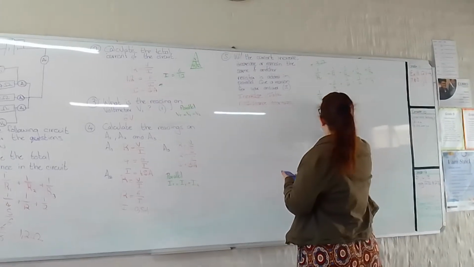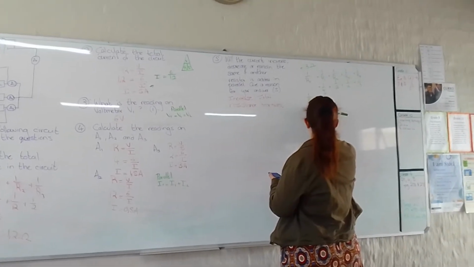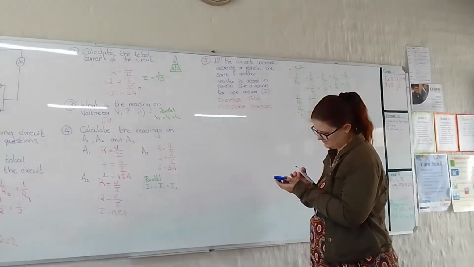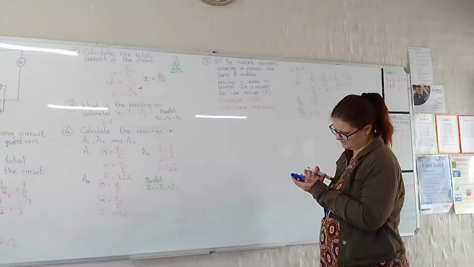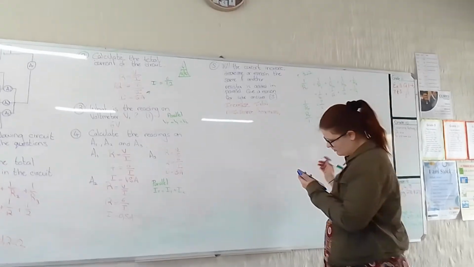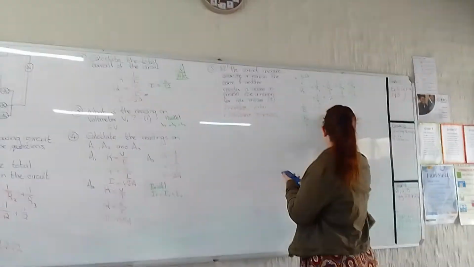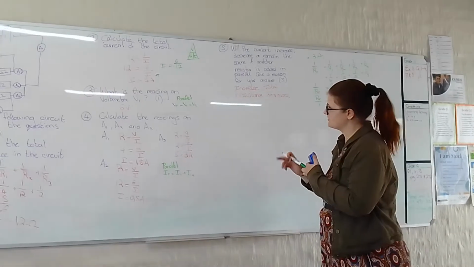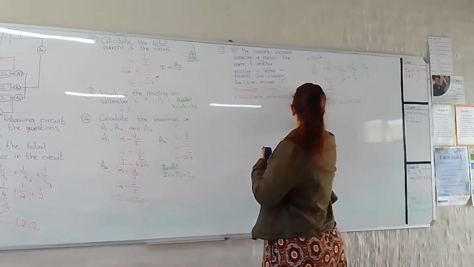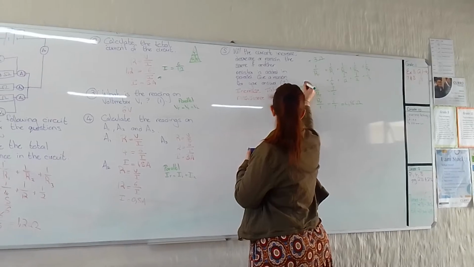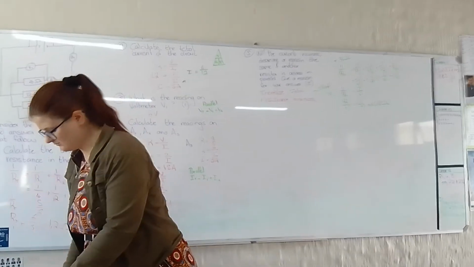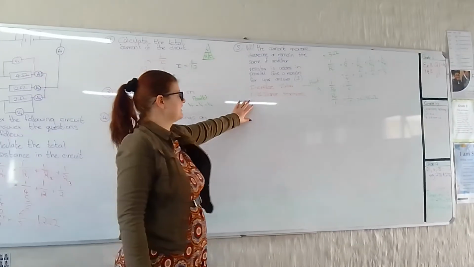I swap them both, so R total over 1 is equal to 6 over 7. 6 divided by 7 gives me 0.86 ohms. So now we can see that our resistance has decreased. There's our proof. Do you guys see that?